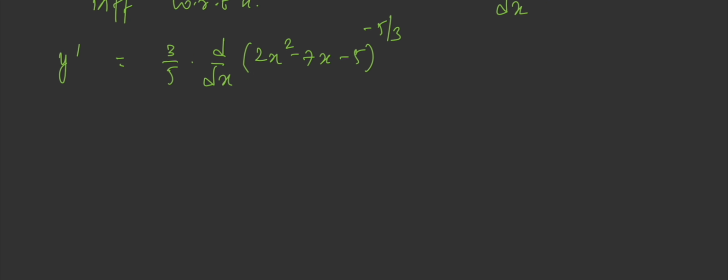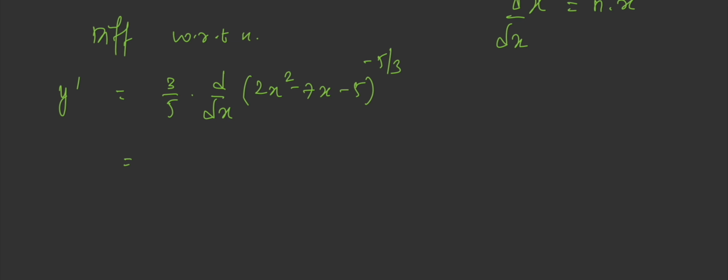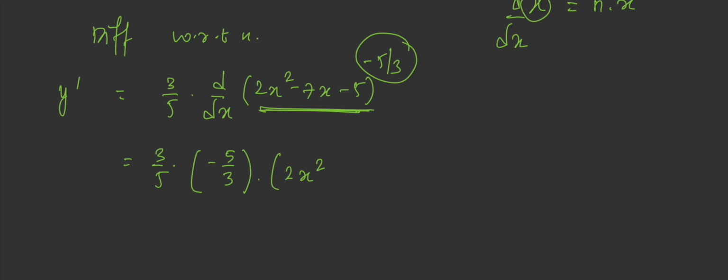Okay, so what should be our solution here? 3 by 5 will remain as it is. If you see, this is the inside function, which is our x, and we have the power, which is our constant. So we can say our differentiation will be minus 5 by 3 times 2x square minus 7x minus 5 raised to n minus 1, right?